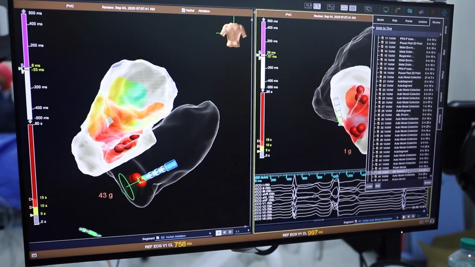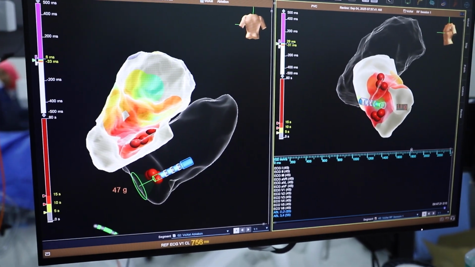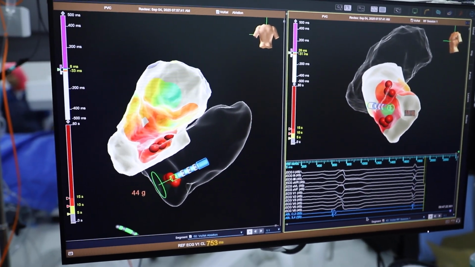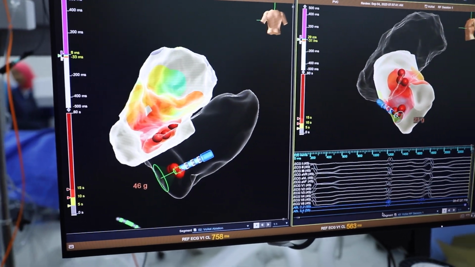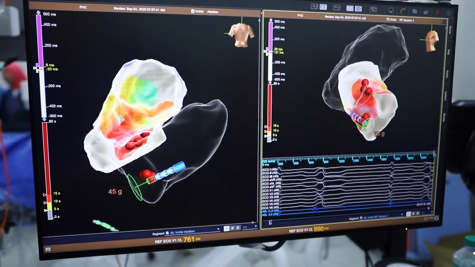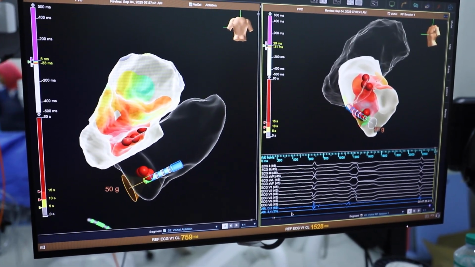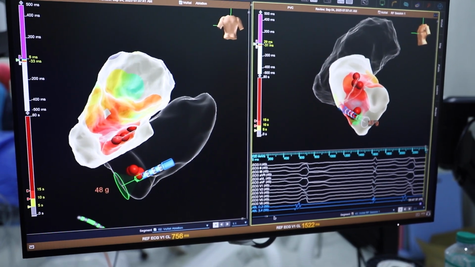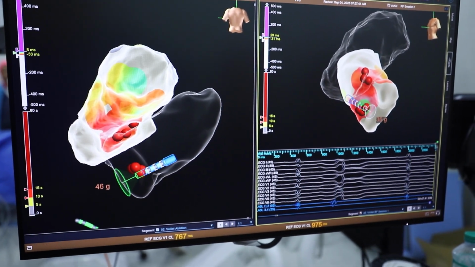Okay, this is the first RF session. This is where we started ablation. And you can see after a while, it's still there. I think it was not the first one.